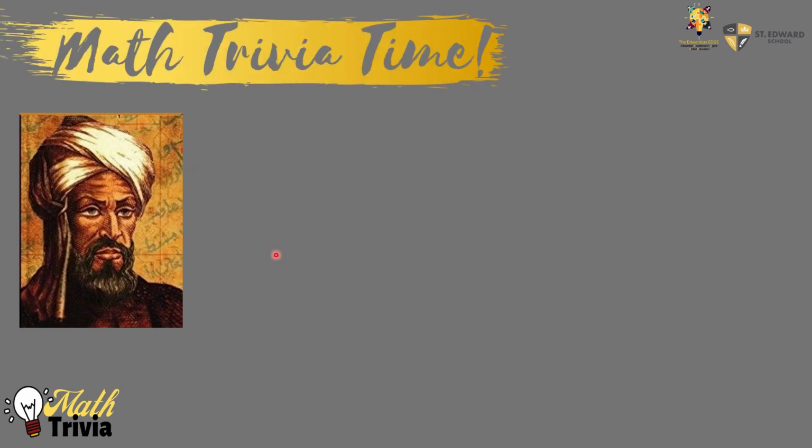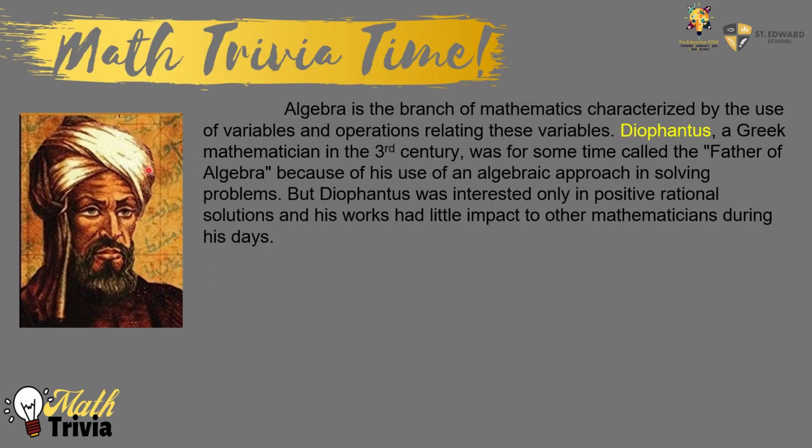Not yet. We still have this math trivia. So we have this another mathematician. Algebra is a branch of mathematics characterized by the use of variables, symbols that vary, and operations relating these variables. Diophantus, a Greek mathematician in the 3rd century, was for some time called the father of algebra.